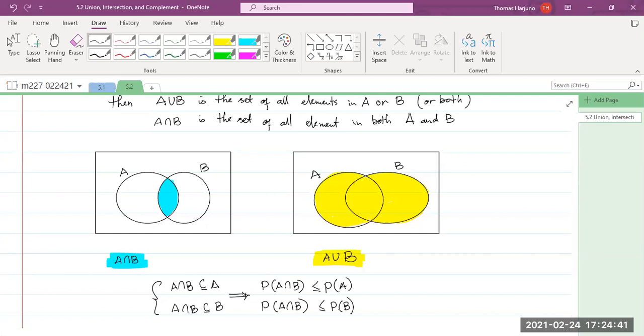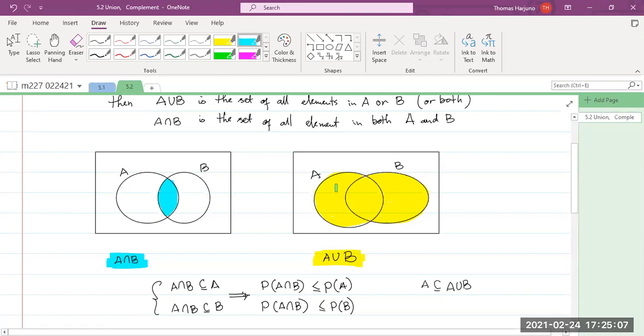It's actually more difficult to satisfy both requirements instead of only one requirement. On the other hand, we see that A union B is always greater than A. This is A here.